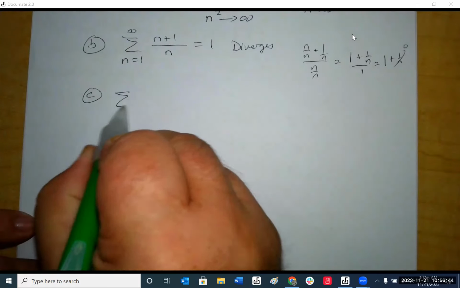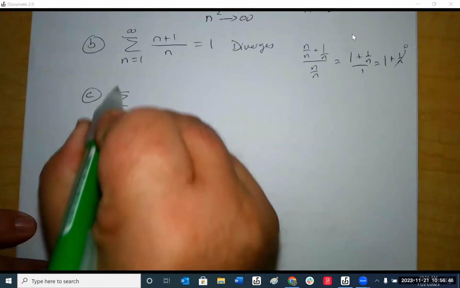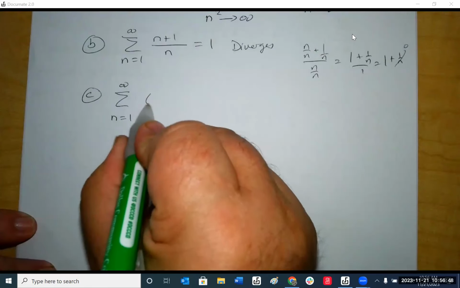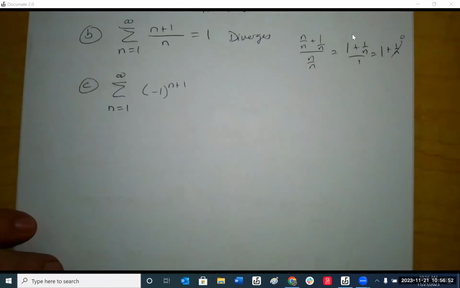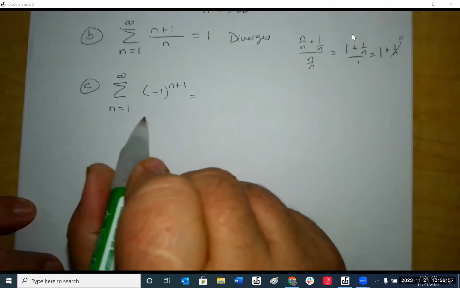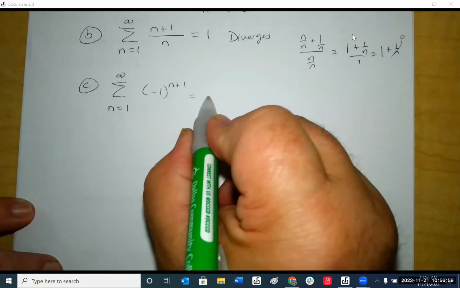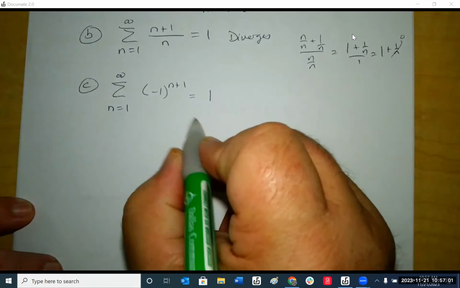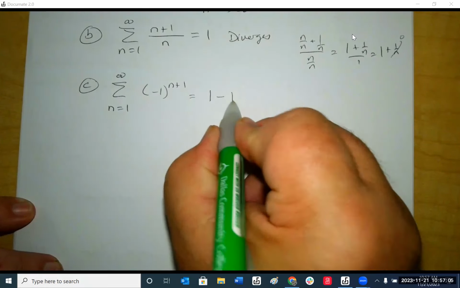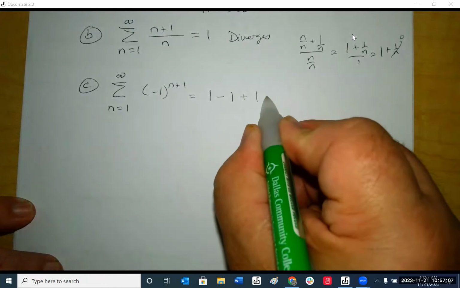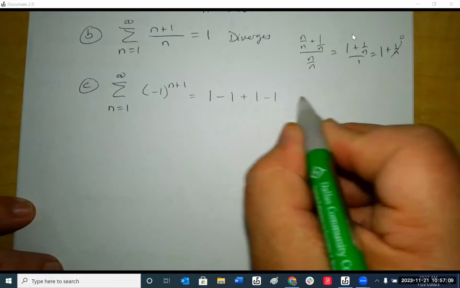The summation as n equals 1 to infinity of negative 1 to the n plus 1. So let's look at this. The first one, when n is 1, it's going to be positive 1, because 1 plus 1 is 2, and negative 1 squared is 1. Next one's positive 1. Next one's negative 1. Negative 1, positive 1, negative 1.